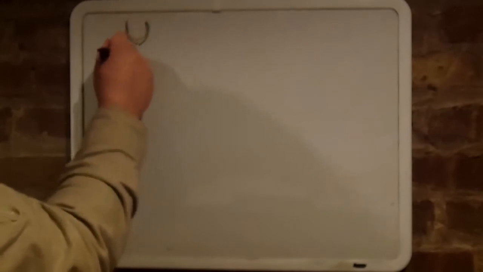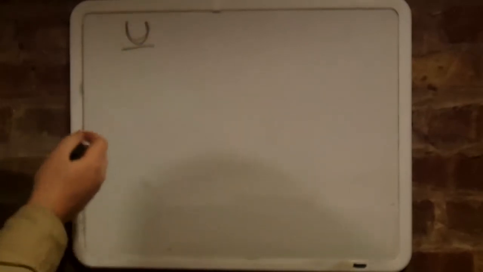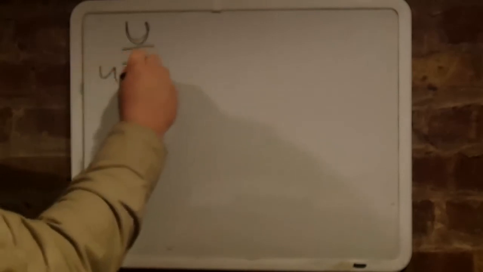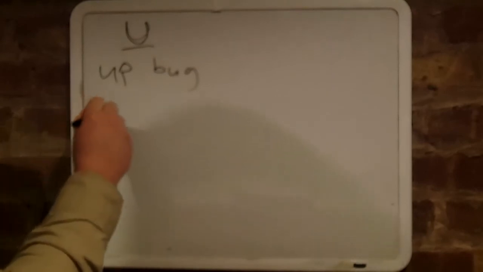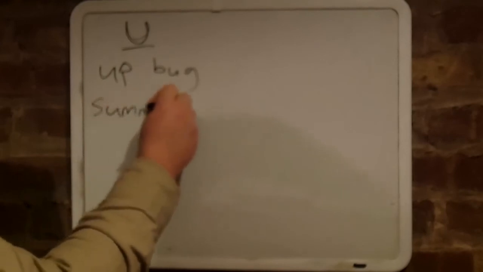Coming on to U. In most short words, it sounds like uh, up, bug. It also sounds like uh in any word that has a double consonant, like summer or butter.